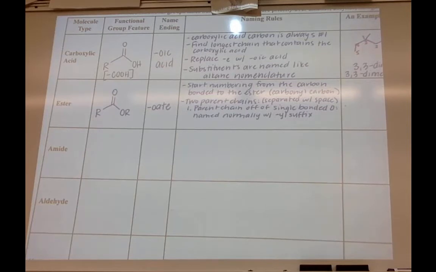Like methyl, butyl, pentyl. So we actually name the entire thing like you would name an alkane, and instead of the A-N-E ending, you add YL. We'll look at it in the example molecule.